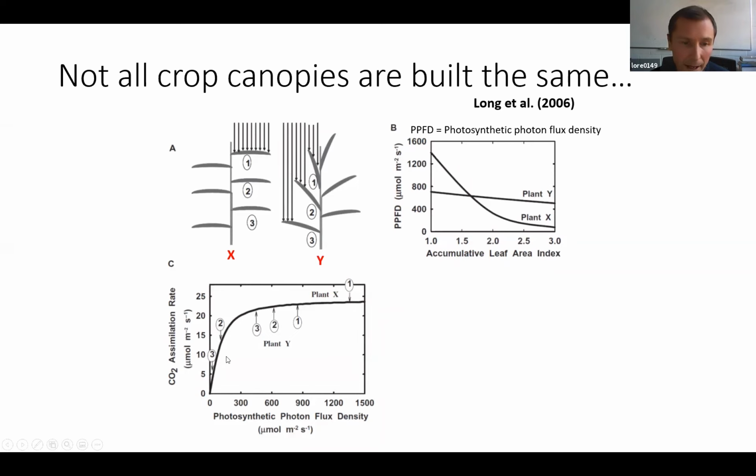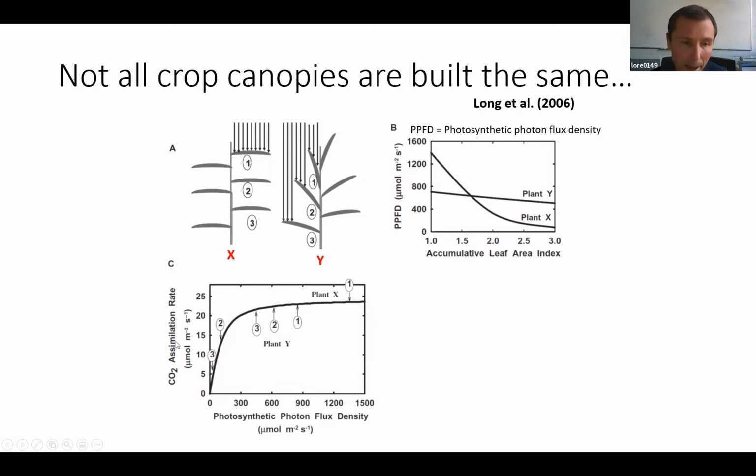So you can see that for plant Y, any individual leaf is not getting as much sunlight, all right, but they're all about on this part of the curve, kind of getting to that asymptote for CO2 assimilation rate. In contrast, for plant X, above the curve here, you can see that leaf 1 up here is getting a lot of sunlight, but leaves 2 and 3 are being shaded, and so they're not getting enough sunlight.